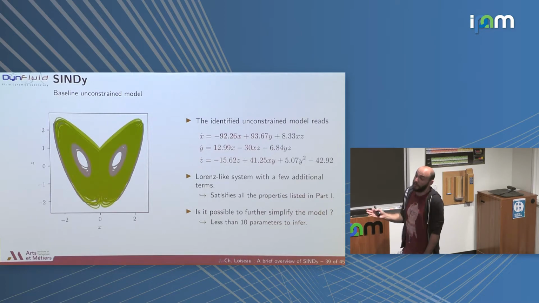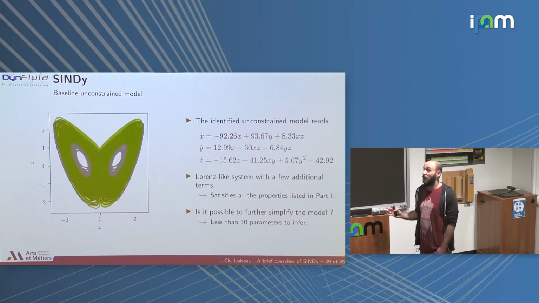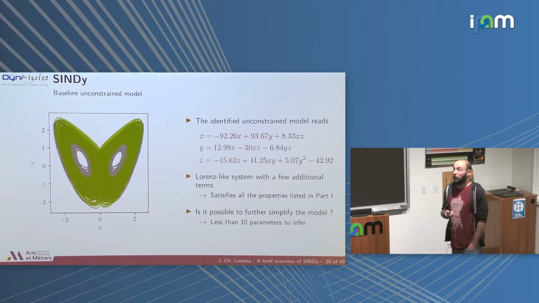So it reduces dramatically the number of functions I can have by default. If I go up to quintic, I may have a few additional terms, but they really do not improve the quality of the model. They do minimize the L2 norm of my error, but when I simulate it, it doesn't really change qualitatively, or even quantitatively, compared to this very simple model.